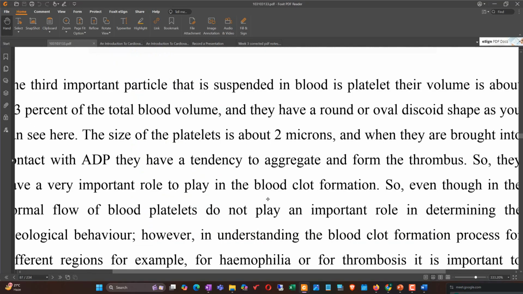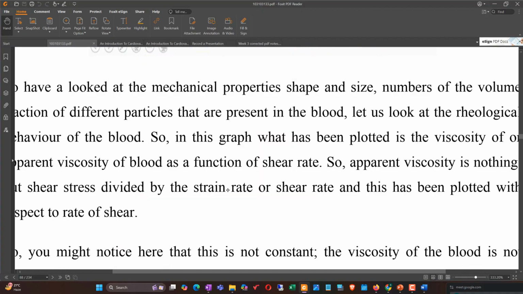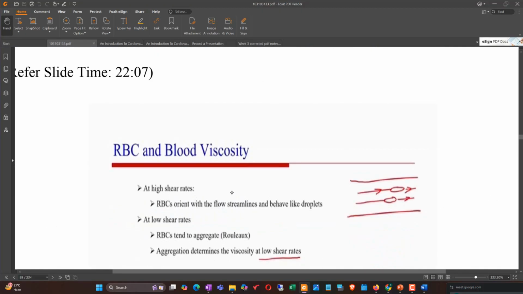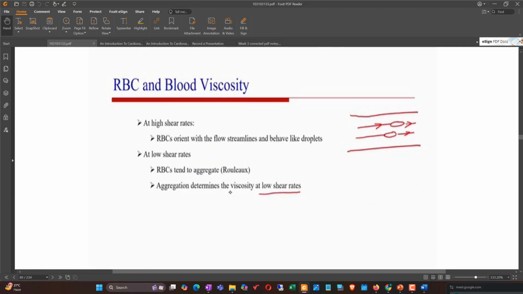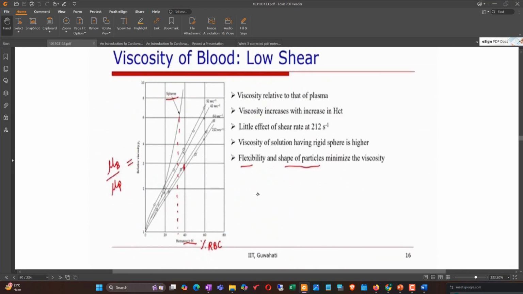WBCs, buffy layer, viscosity of the blood. At high shear rate blood behaves as an emulsion, like droplets, right, and at low shear rate tends to aggregate. Rouleaux and aggregation determine the viscosity at the lower flow rate. So that has been discussed.